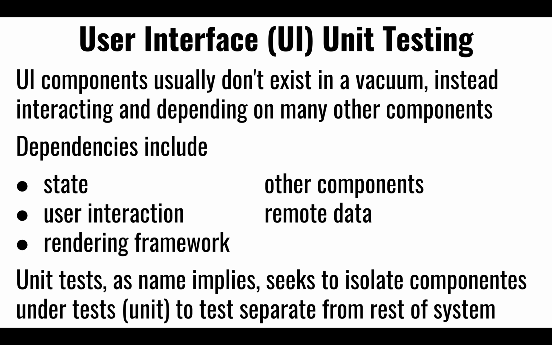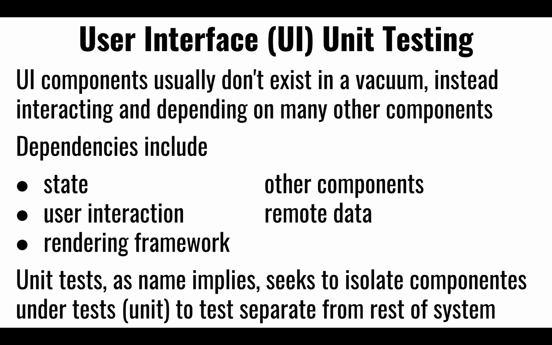We don't want to depend, for instance, on an actual database running. That would make our test so much more complex, to have this database running or actual network access being there, or even the file system.